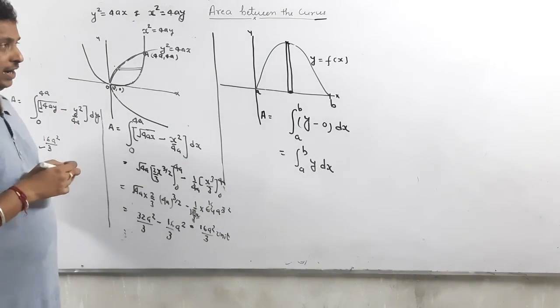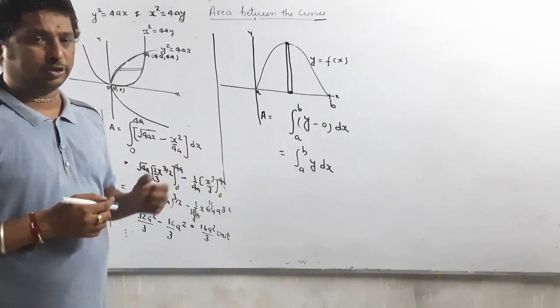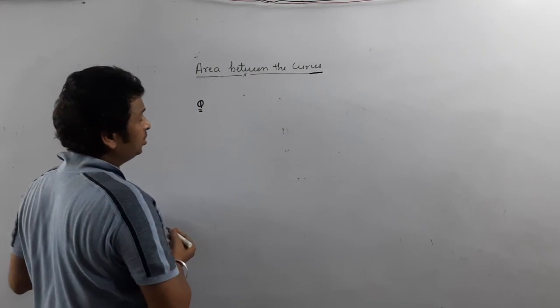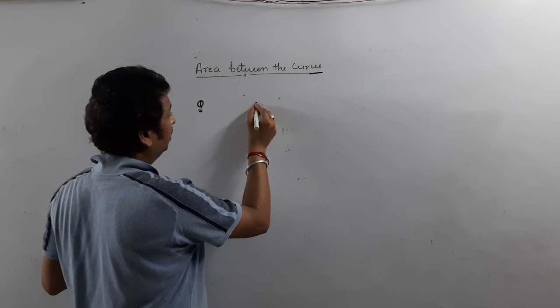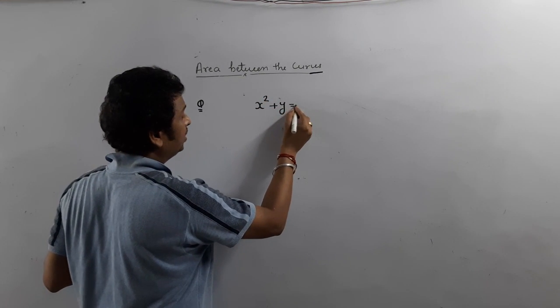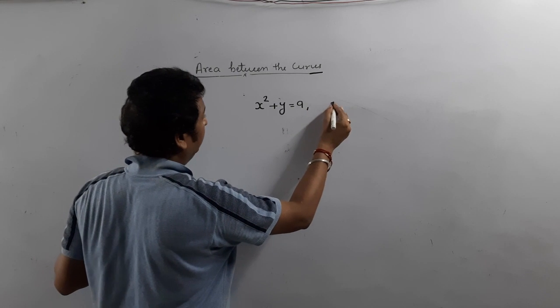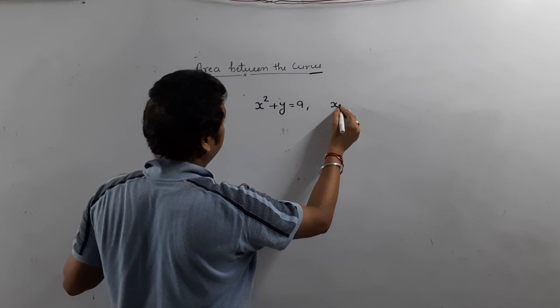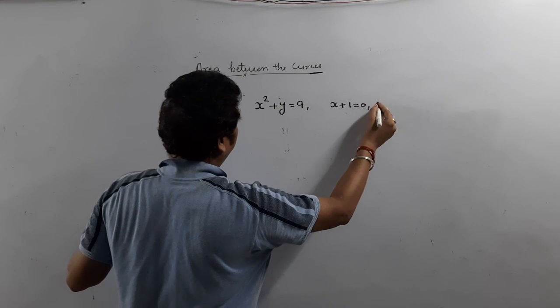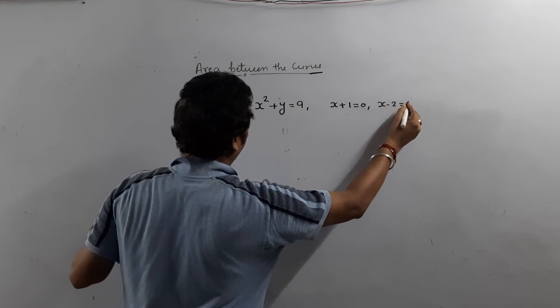Now I will explain one question in which I will draw the picture also. One more question we will do. Suppose we find the area between the curve x square plus y is equal to 9 and the lines x plus 1 is equal to 0 and x minus 2 is equal to 0.